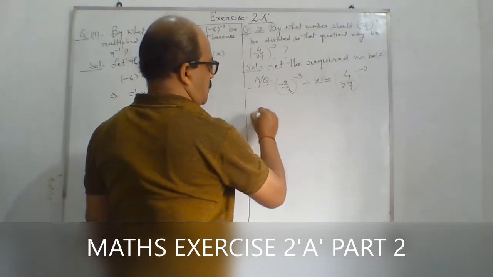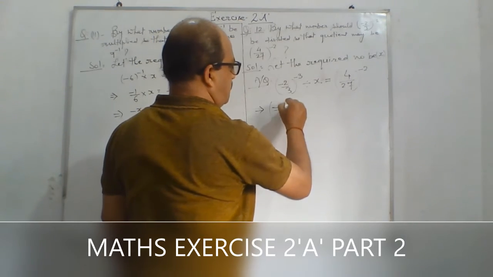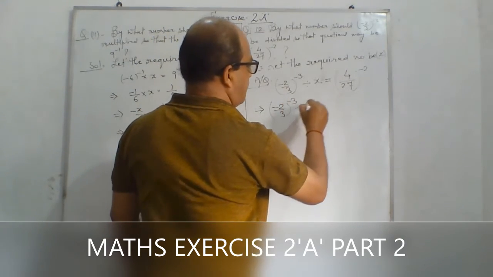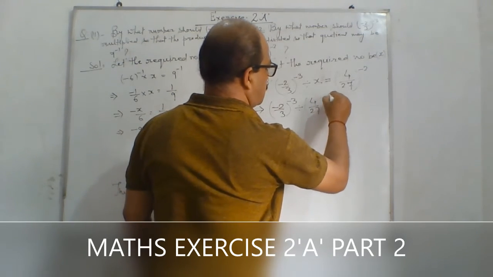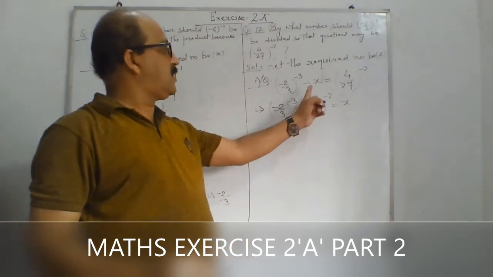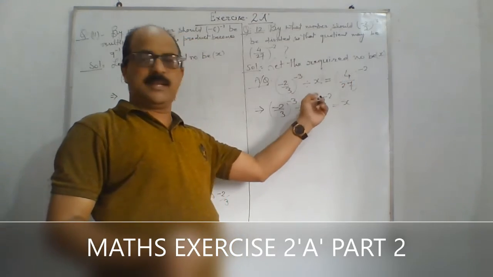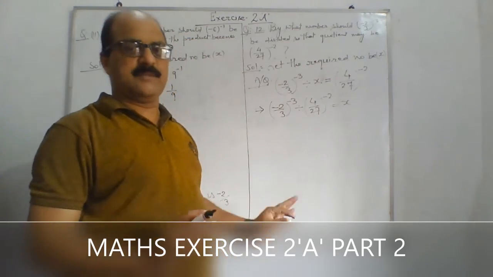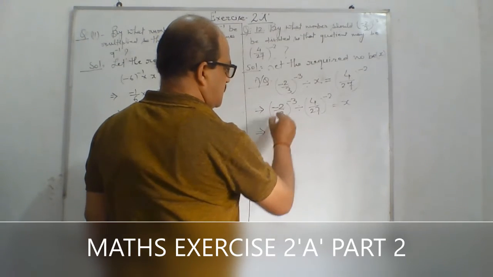So (-2/3)^-3 divided by (4/27)^-2 is equal to x. I may write it this way because whenever x goes there and comes here, the same sign will remain. Simplify it.